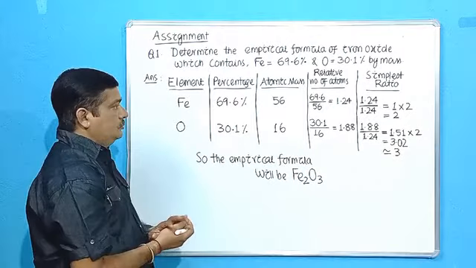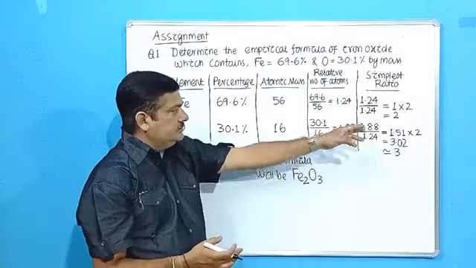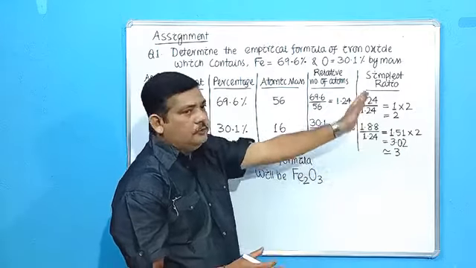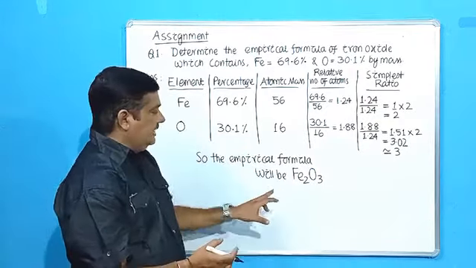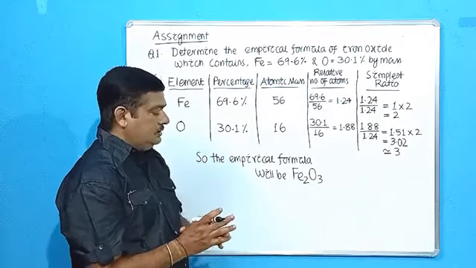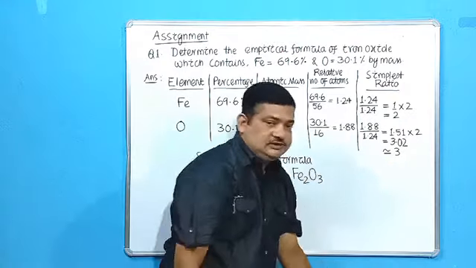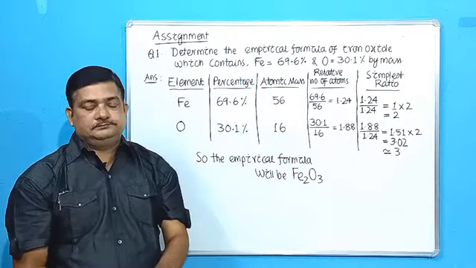So this is the answer. So most of you could not follow it. So this is how you have to convert it into simplest ratio. Multiply 2 in both the cases. Okay. So it will be Fe2O3. So this is how to solve this numerical. Then we will proceed to question number 2.